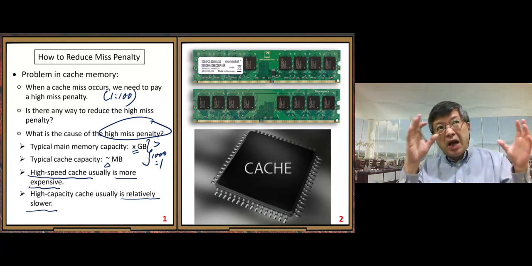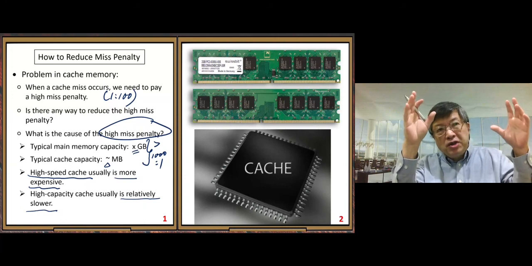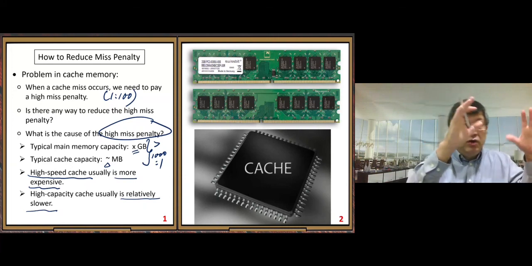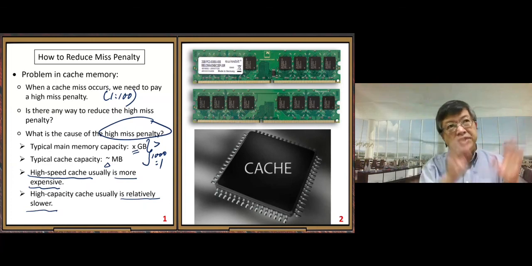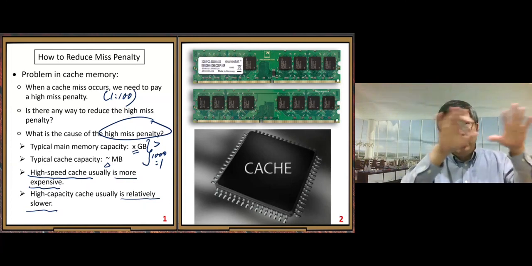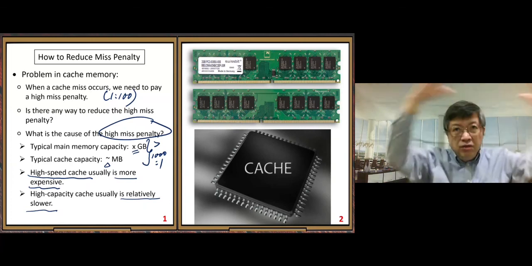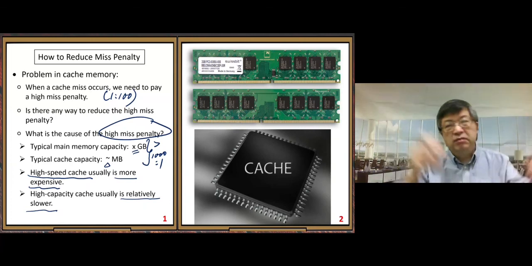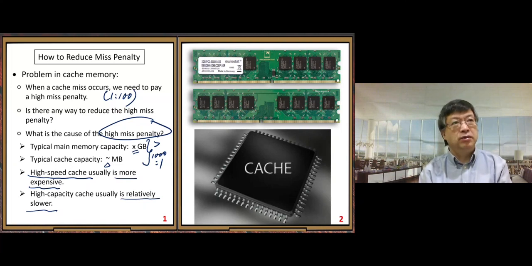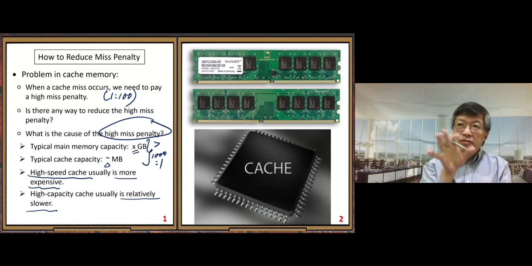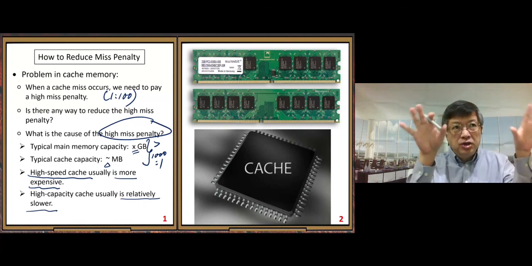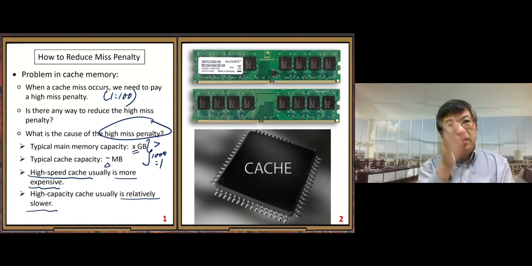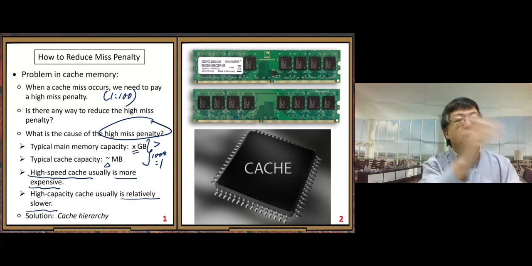All right, so now in order to build a system, first you want to have faster overall performance. Second, you want to control the cost of the whole system, not too big. You want both, so you want something balanced. You want to balance all those important factors. So then the solution is cache hierarchy.